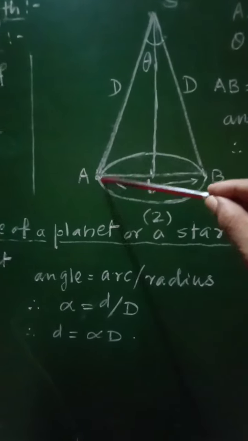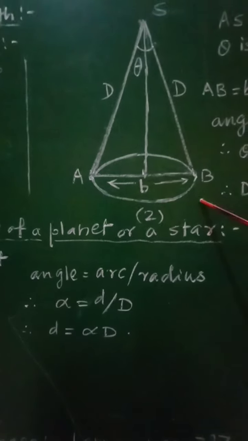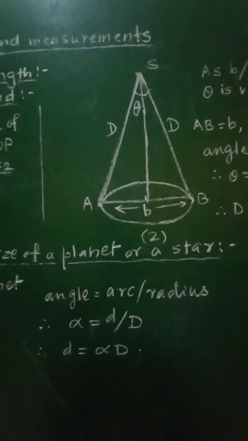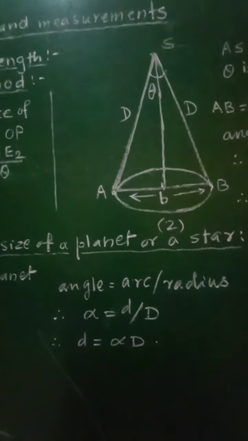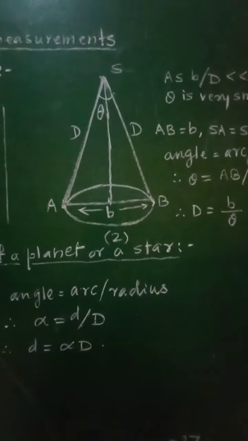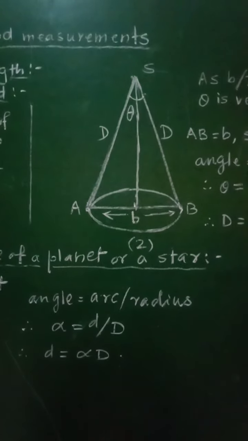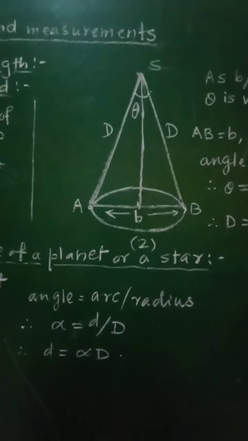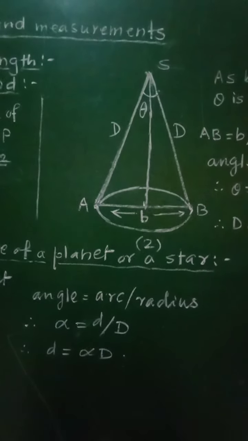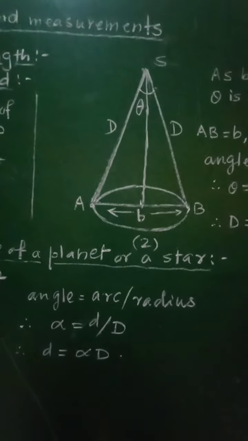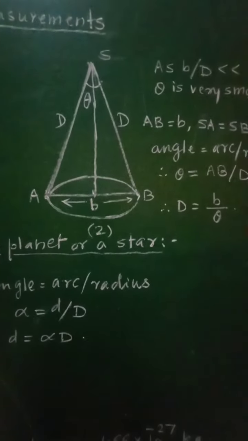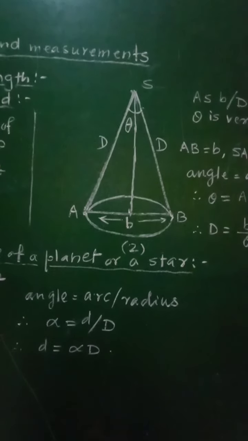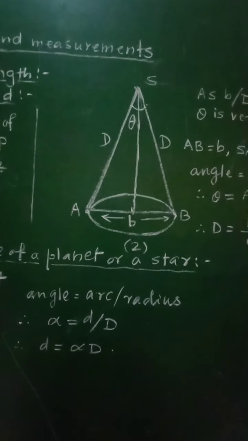This angle ASB, which is taken as theta, will be measured, and then by measuring that angle between the directions along which the planet is viewed at these two positions or points, the angle theta is called the parallax angle.